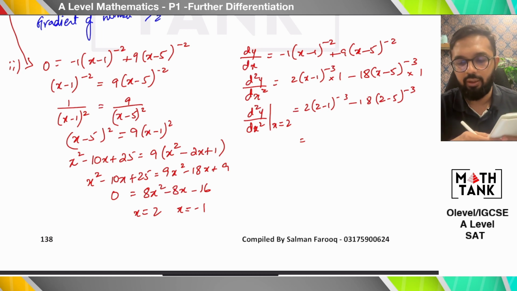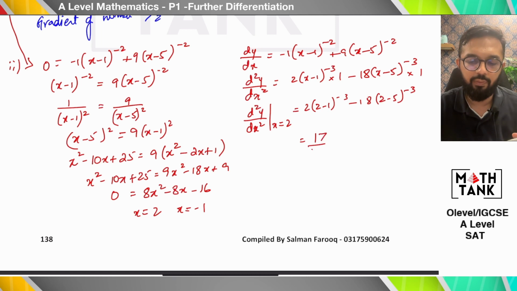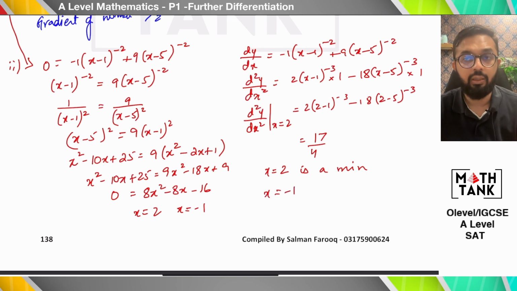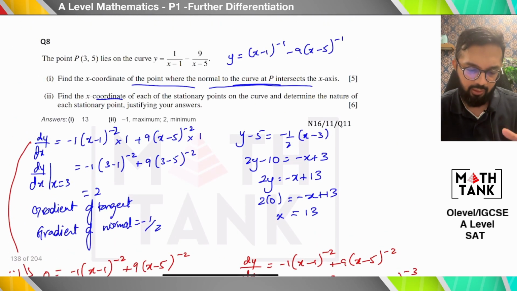First number is 2, so I'm not really going to put that on my calculator. Next one is a negative power, so I'm going to put that. It's 17 over 4. So x equals 2 is a minimum, and x equals minus 1 is a maximum. Since this was positive, the other will definitely be negative.